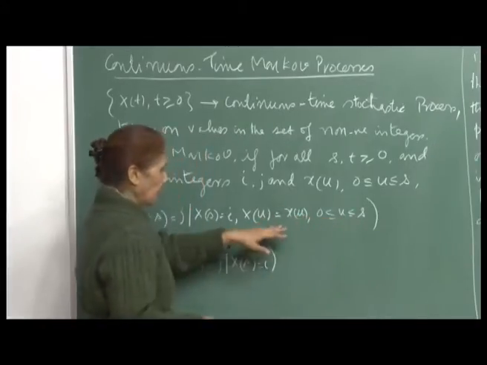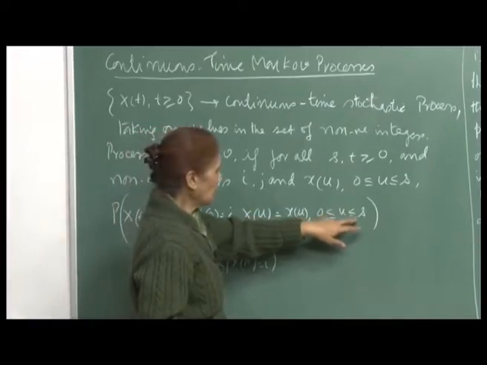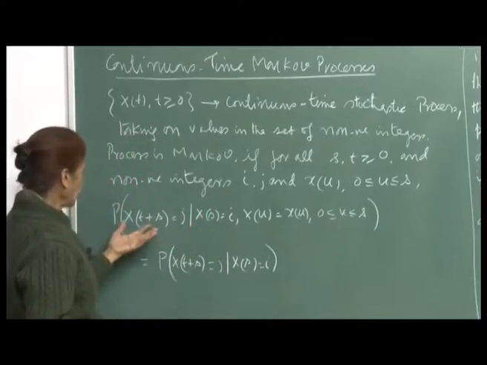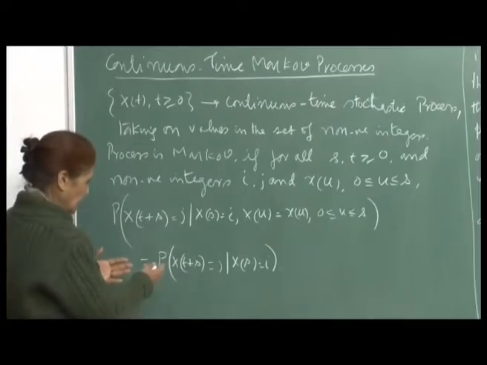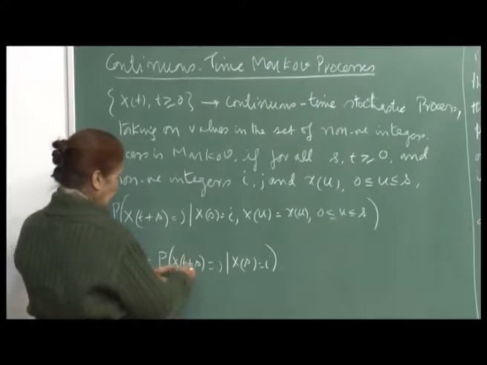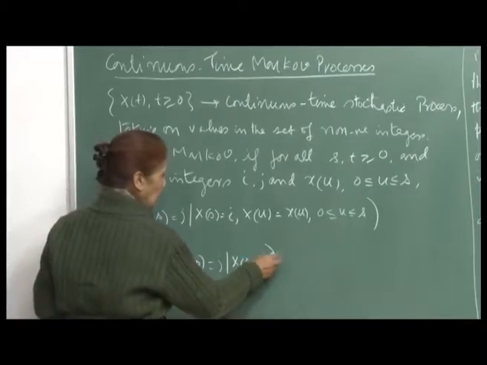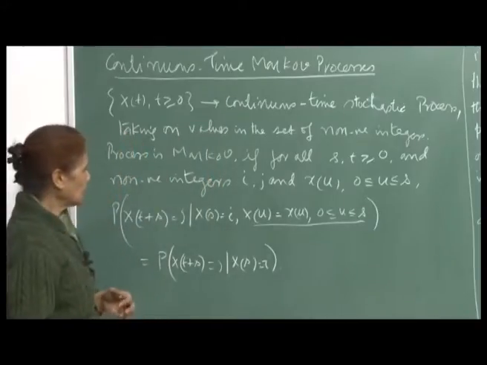so given all the past history, that means the states which the system occupied from time 0 to s, at time s it is in i, and now at time t+s it is in j. This probability is equal to the probability that X(t+s) is j, given that X(s) is i. That means this past history is redundant.